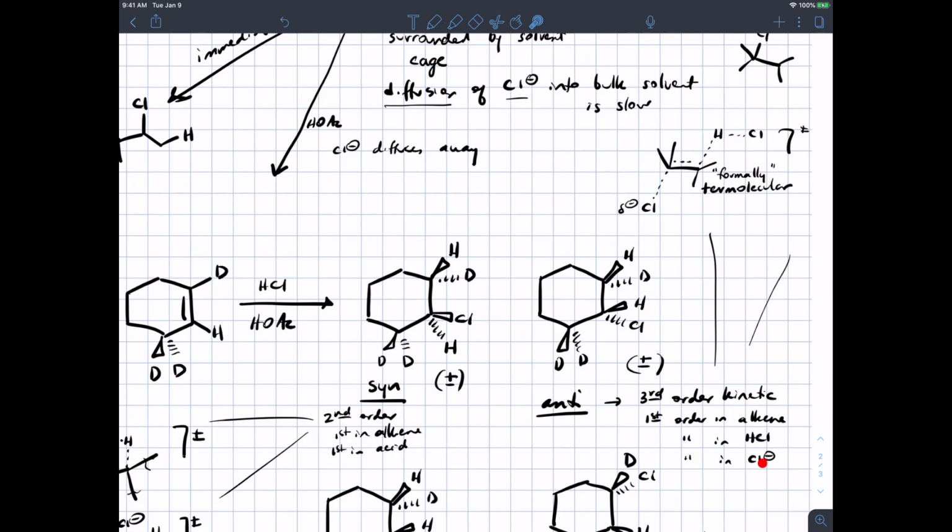In other words, they observed if you add Cl-, you can speed up the observation of this anti-product. Okay, good. Other questions or concerns?